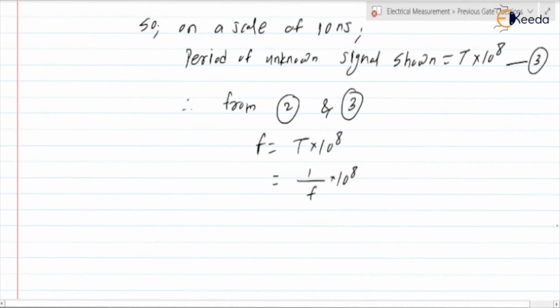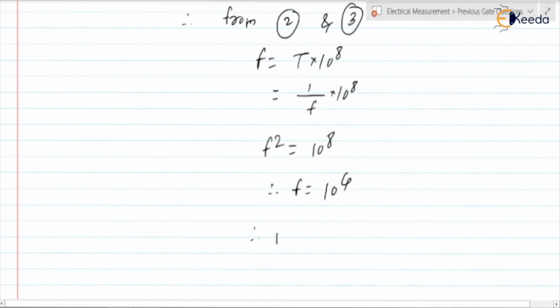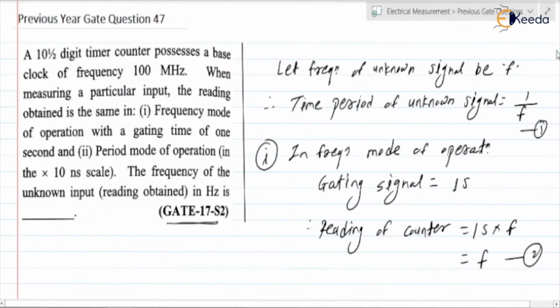So f square is equal to 10 to the power 8, therefore f is equal to 10 to the power 4. So frequency is equal to 10 kilohertz or 10,000 hertz. So the correct answer will be 10,000 hertz. Friend, this is about the previous year GATE question number 47.